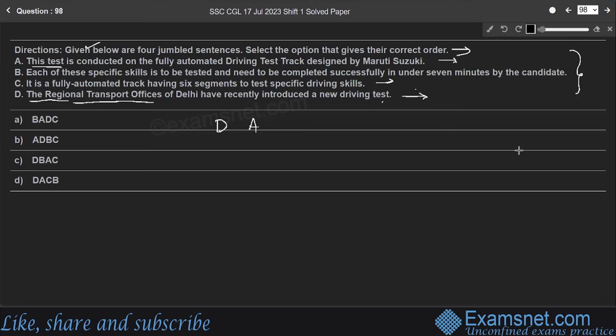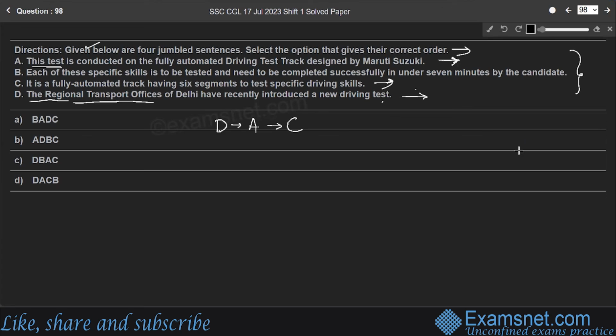Sentence C is supporting sentence A, which gives a small description of the test. Therefore, after A, sentence C comes.